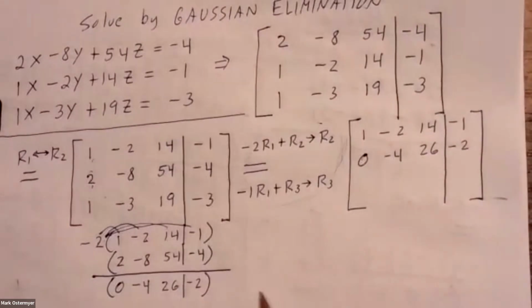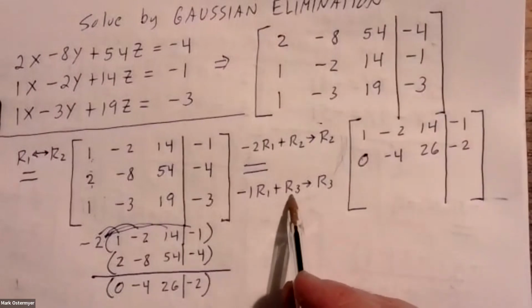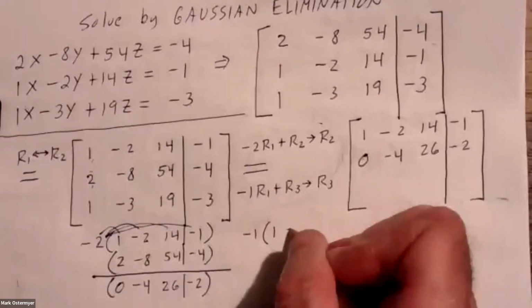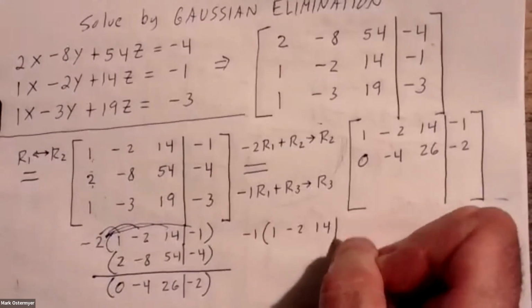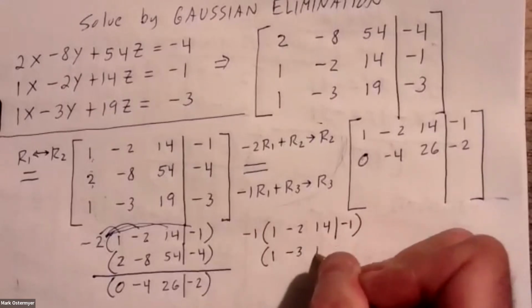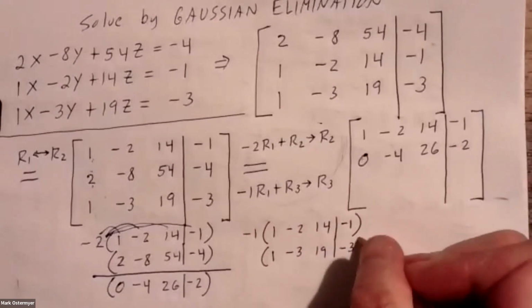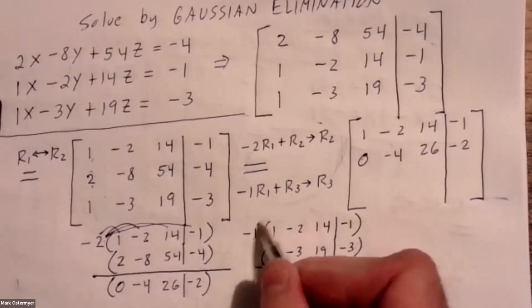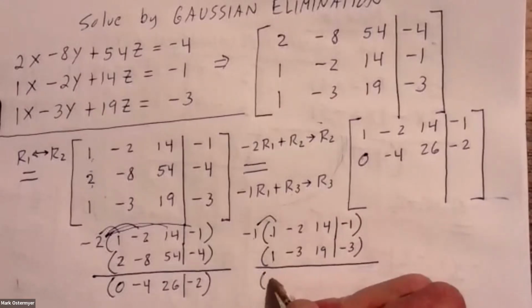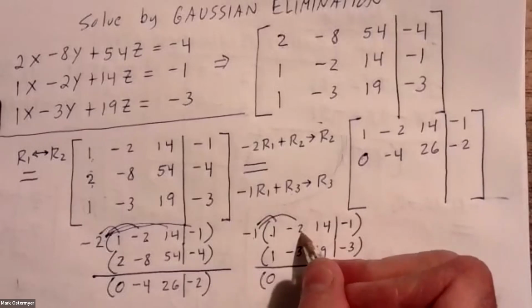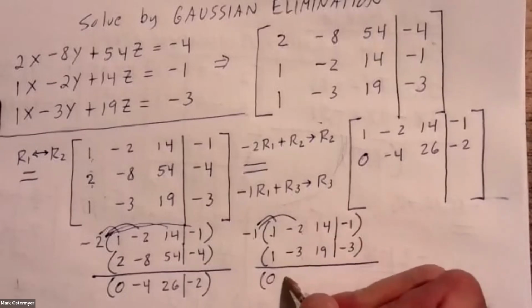Now I'm going to transform row 3 by adding to row 3 -1 times row 1. So -1 times row 1. And then to that, we're going to add row 3 to form a new equivalent row 3. So -1 times 1 is -1. -1 plus 1 makes the 3-1 entry become a 0. -1 times -2 is 2. 2 plus a -3 is a -1.